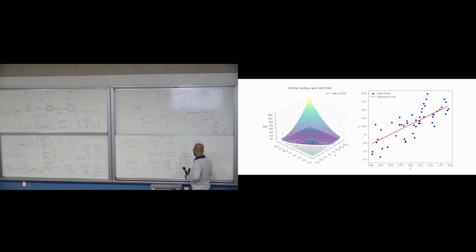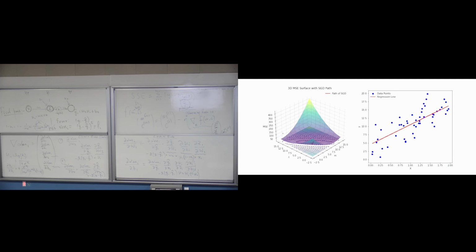This term is 1, everything else stays the same. Negative 2 yi minus yi hat w2 hi 1 minus hi. So that's how all the entities of the gradient of the loss function are defined.